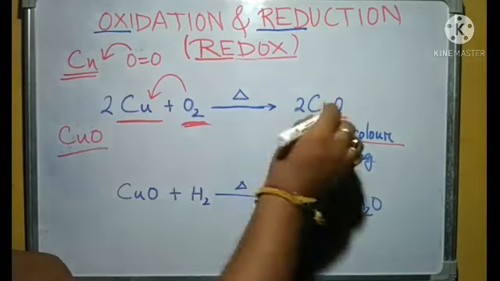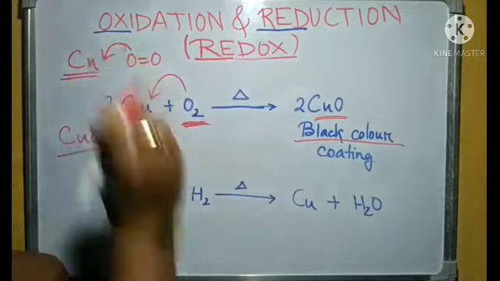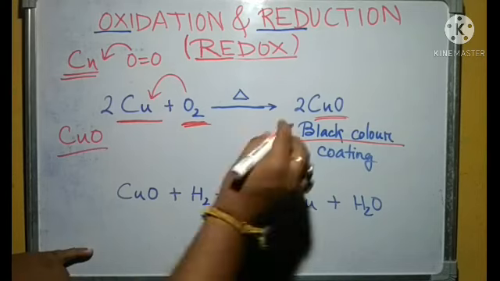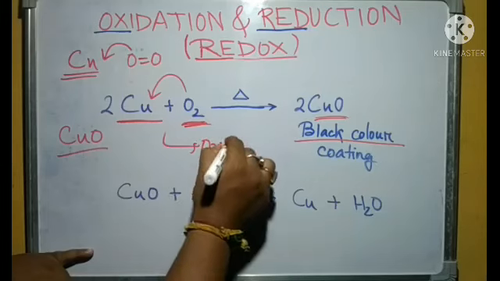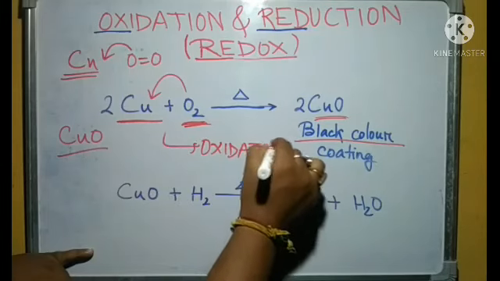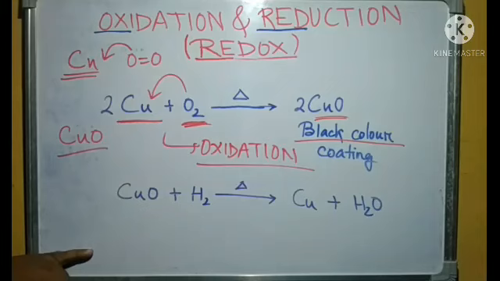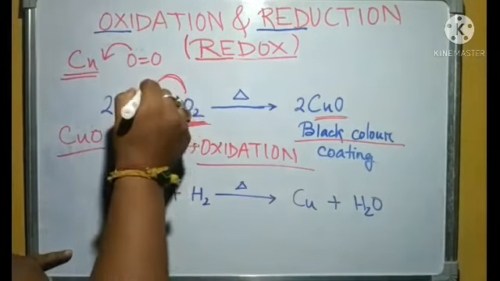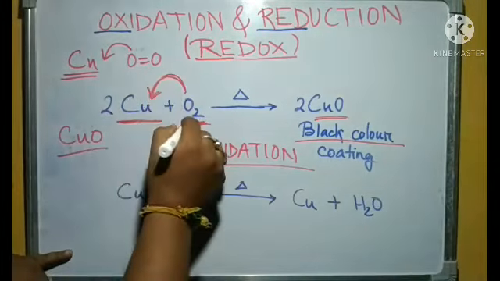So in this reaction, copper is gaining an oxygen atom, and a reaction in which a reactant gains an oxygen atom, we call an oxidation reaction. So this whole reaction is an oxidation reaction. Why? Because copper here is getting an oxygen atom from this oxygen gas to form copper oxide.